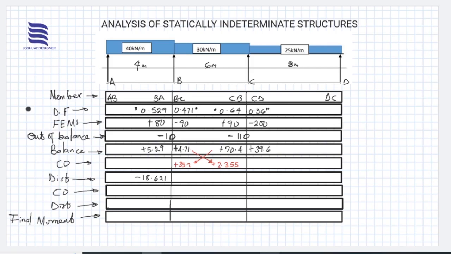So multiplying 35.2 by 0.471, which is the distribution factor here, you'd have negative 16.579. Yes. So multiplying 2.355 by 0.64, you'd have also negative 1.507. Multiplying 2.355 by 0.36, you have negative 0.848.